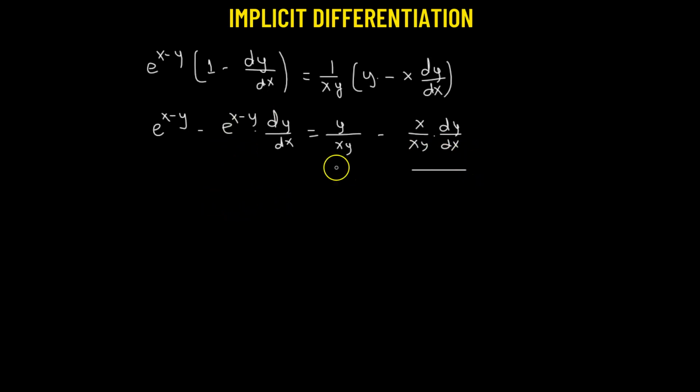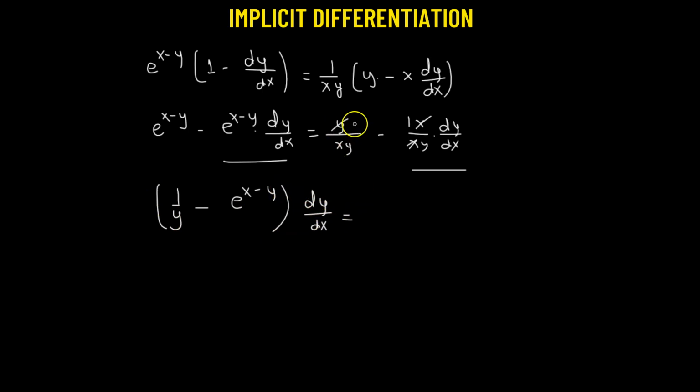This gives us, so here x over xy will be simply 1 over y. That means we have 1 over y, and this will combine with this term minus e raised to the power of x minus y, and we multiply by the derivative of y with respect to x, which will be equal to, so here y and y get cancelled to give us 1 over x.